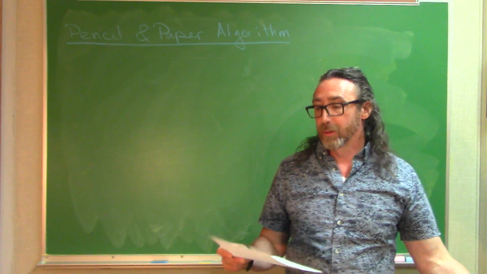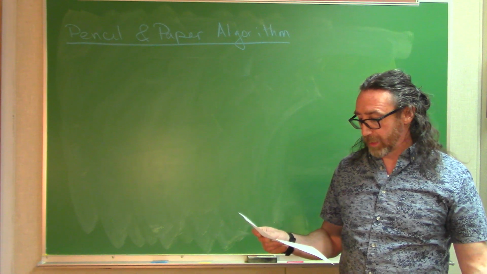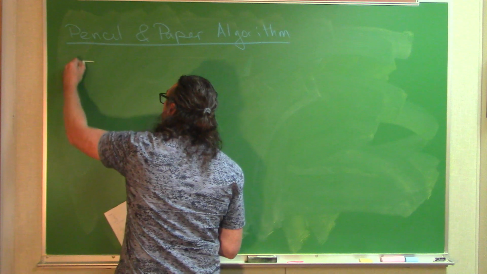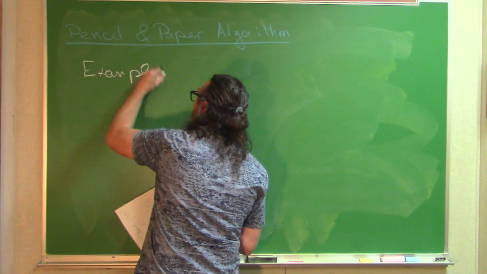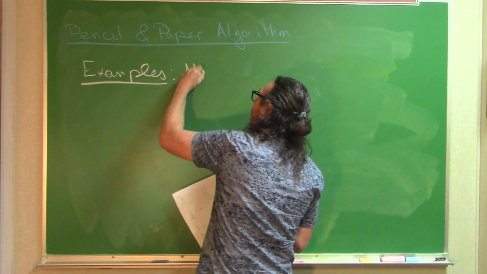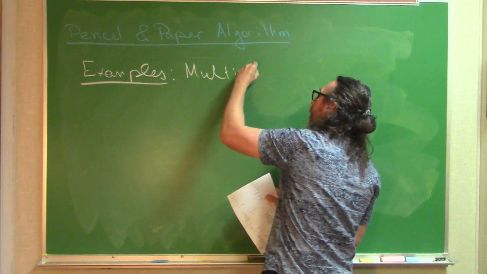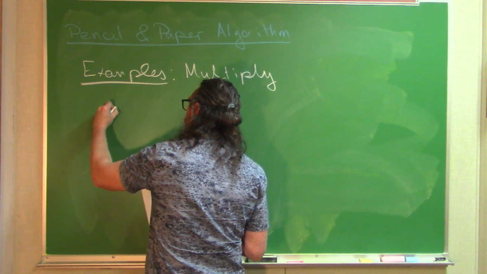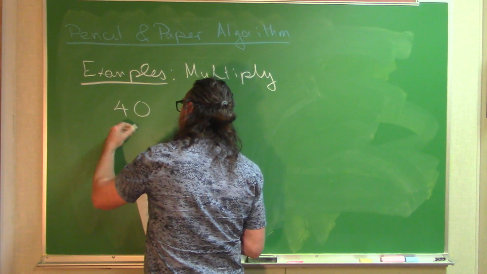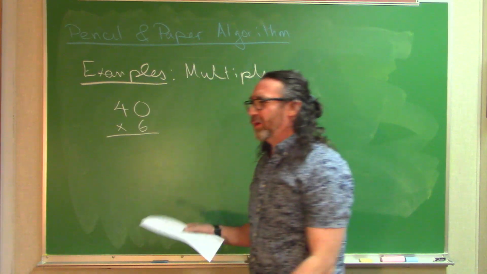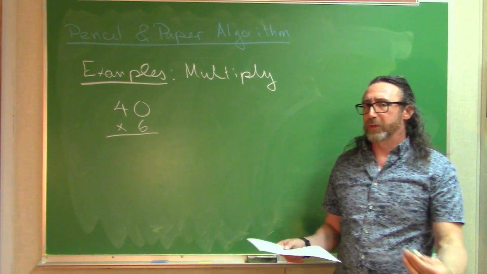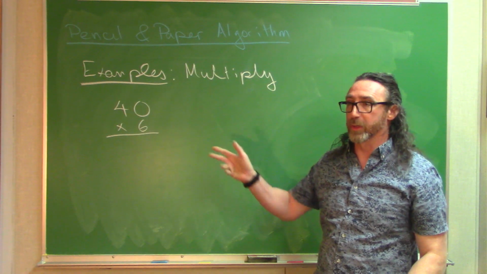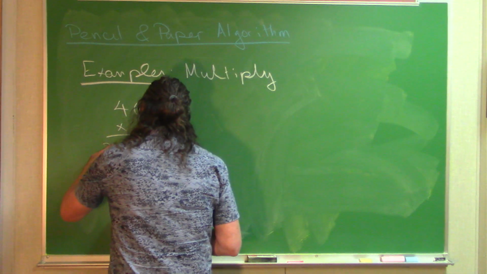For a quick example, if somebody asked me to do 40 times 6, I don't really need to do the pencil and paper algorithm because I know 6 times 4 is 24, so 240.